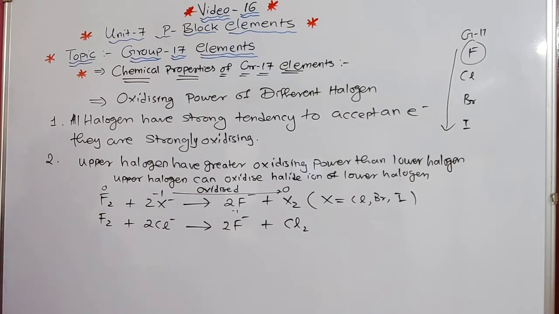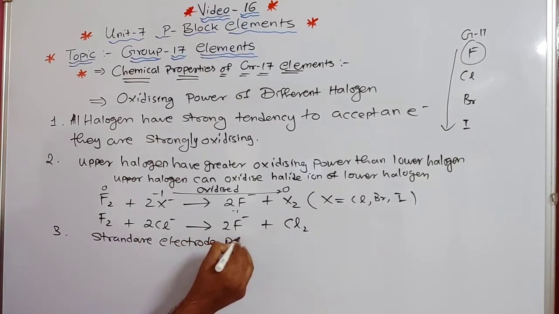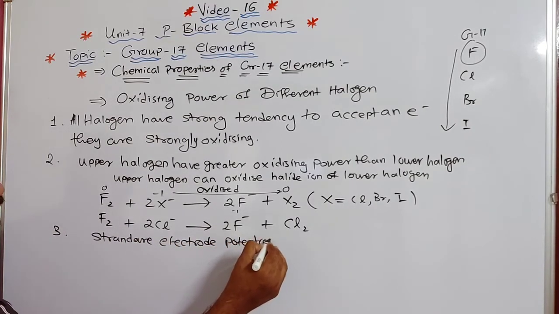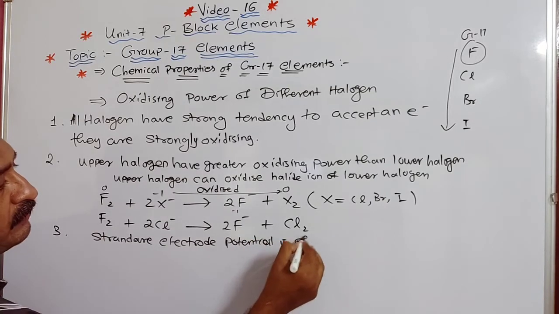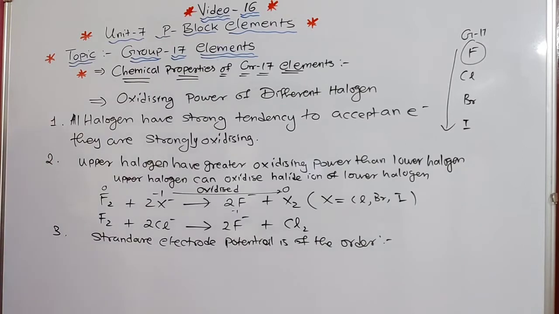Okay, next. Now this next point we will discuss: the standard electrode potential is in the order. You must have studied this in electrochemistry. The standard electrode potential is of the order, where the higher one, the more oxidative, comes first.